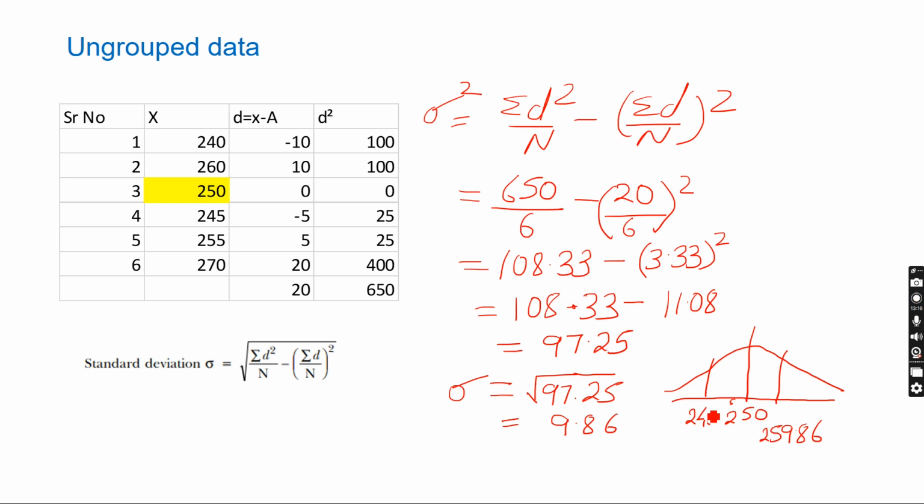So I can confidently say that 68% of the wages of the employees lie between 240 and 259. So this was the calculation for ungrouped data.